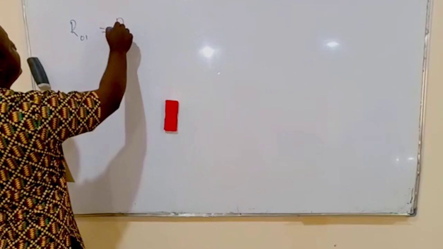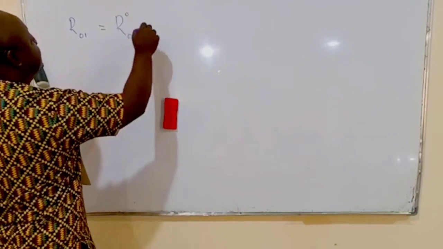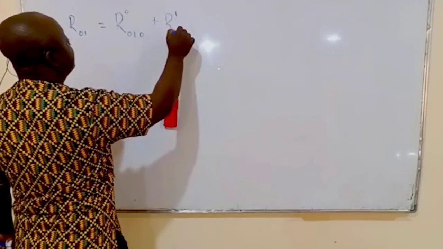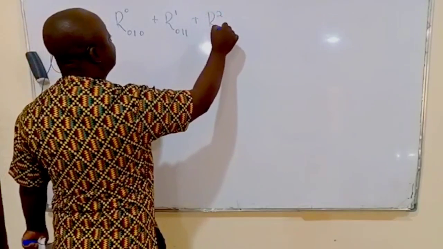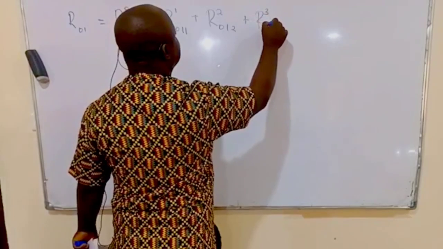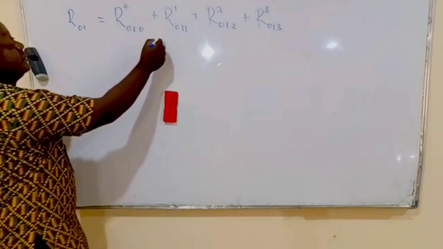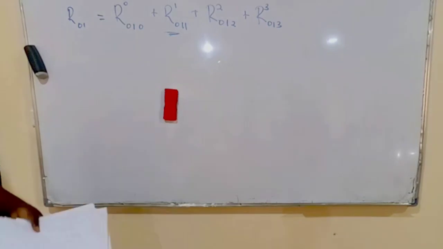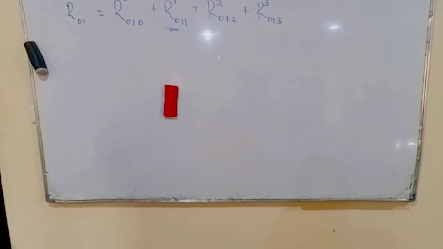It will be R0100 plus R1011 plus R2012 plus R3013. Okay, is this 0? Is that 0? Is this 0?